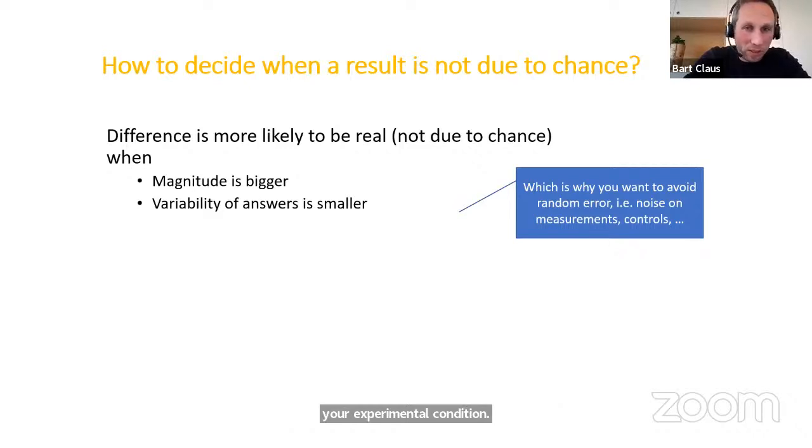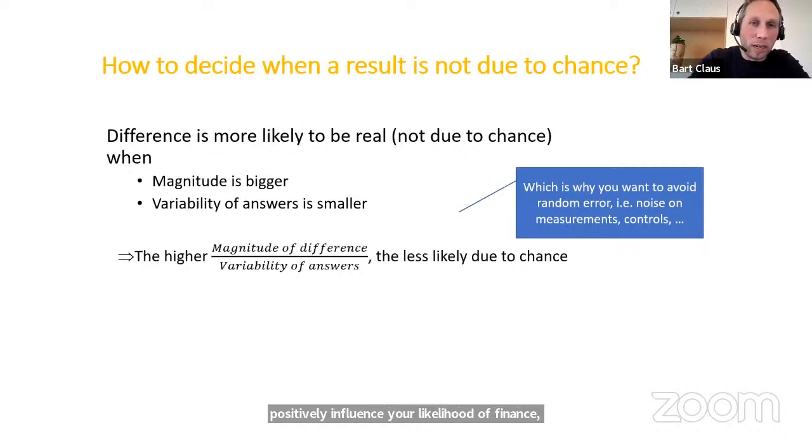So this shows directly that the better your design is, the more likely it is that you're going to find strong statistical results, right? And so we can see how the magnitude of the difference positively influences your likelihood of finding statistical results, and this variability of answers negatively, right? And we can see this ratio as predictive of your results being significant or not.